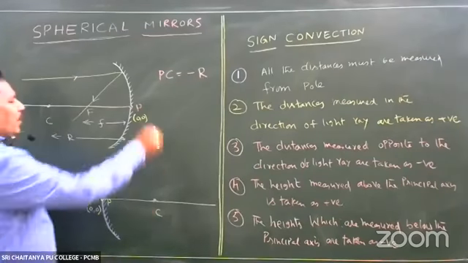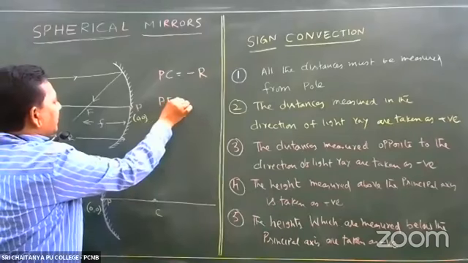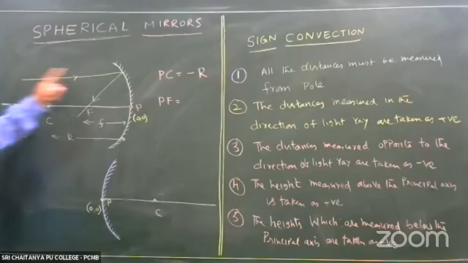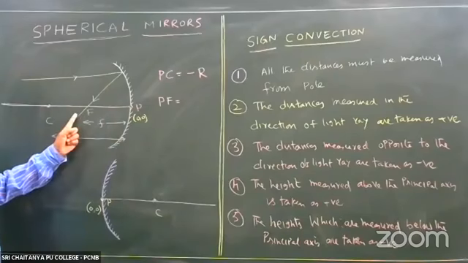Similarly, focal length. Focal length means from where to where do we define? From pole to the principal focus. The light ray is coming from where to where? Left to right. We are measuring from P to F, right to left, opposite to the direction of light ray.